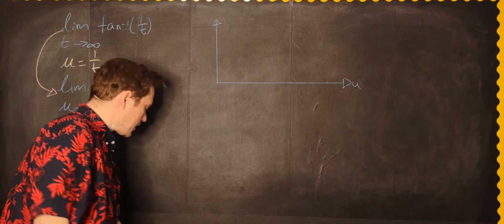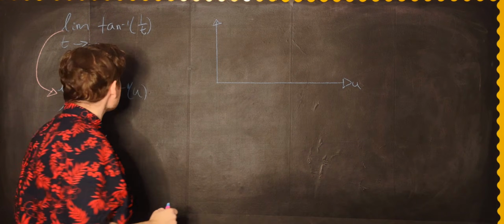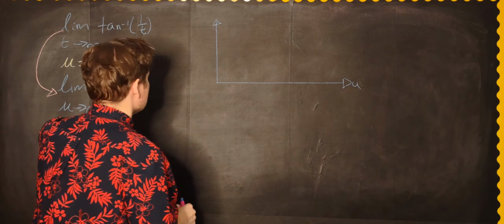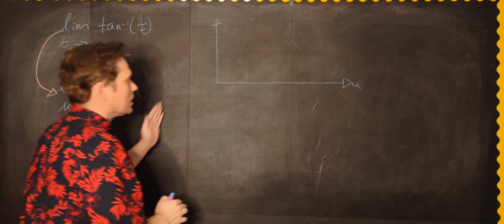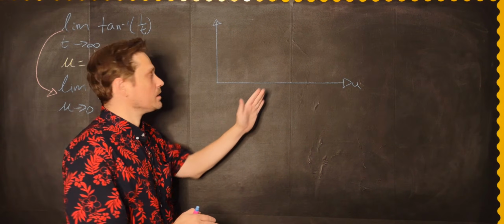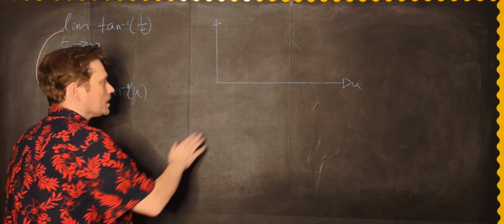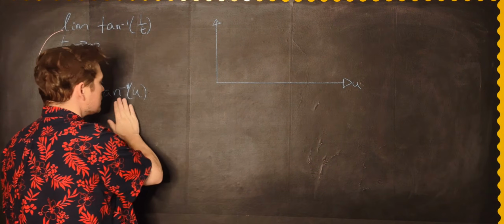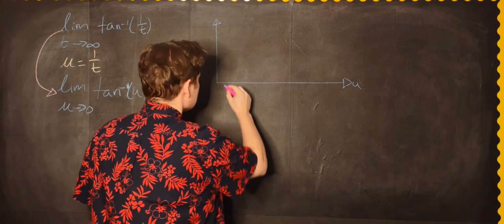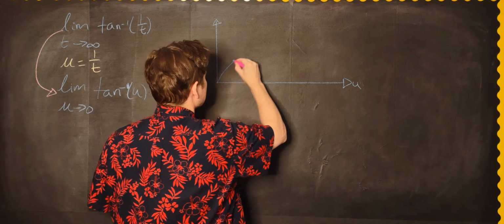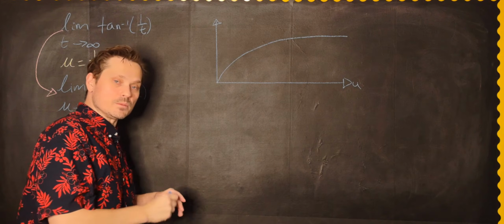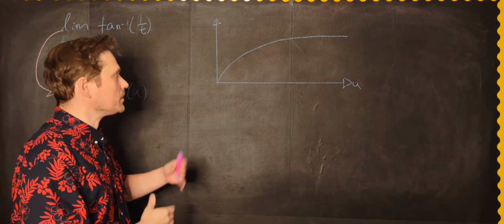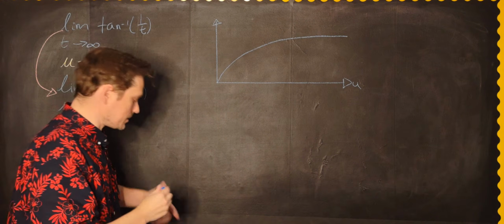Now, take a look at the following. Let's make a picture of the tangent inverse of u function. I'm going to focus only on this quadrant here. The rest of it doesn't matter. Within this quadrant, tangent inverse of u looks pretty much like this. Remember, it's generated by taking one branch of the tangent function and mirroring across y equals x.